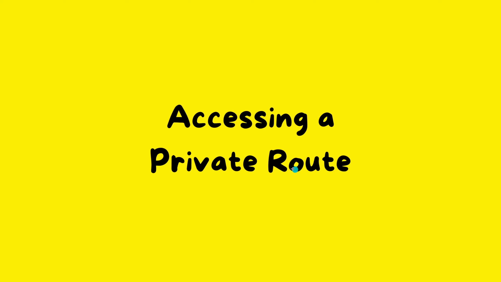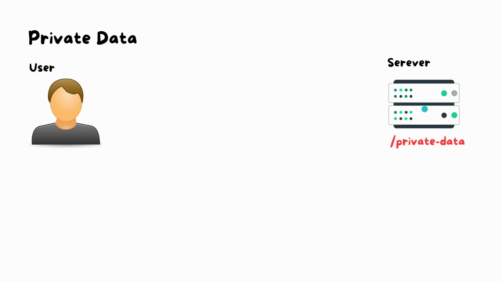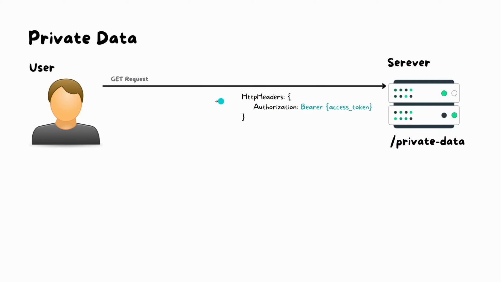Right. Let's see how we can access a private route of that user with the access token. The server has a private data route as well. This is a GET method, and we can include the access token in the HTTP headers. We can add a header called authorization with the bearer, a space, and the access token. When you send that, the server gets the bearer token, the access token, and validates it with the private key the server has.